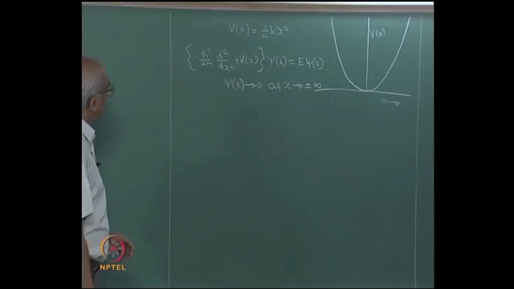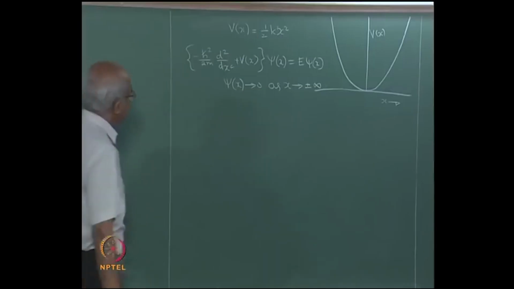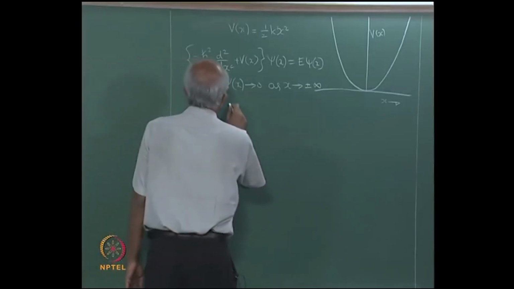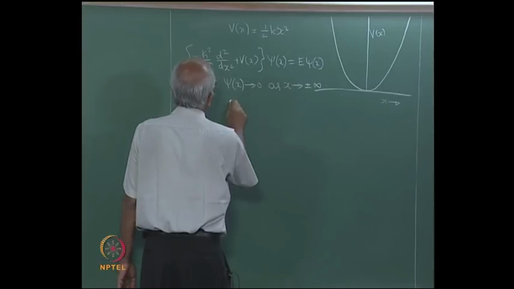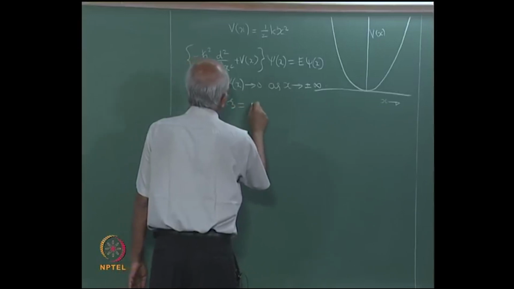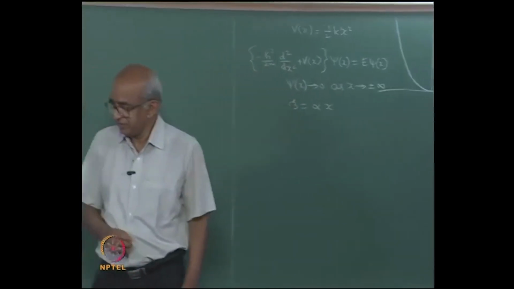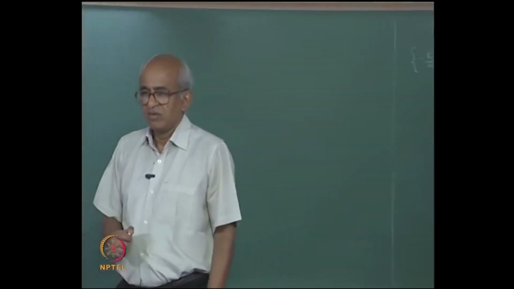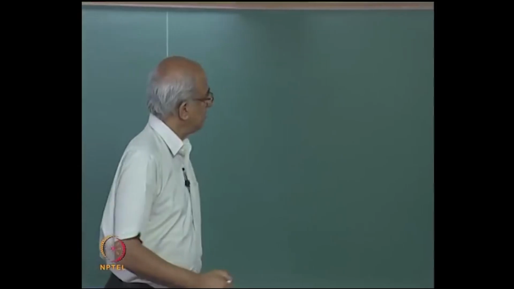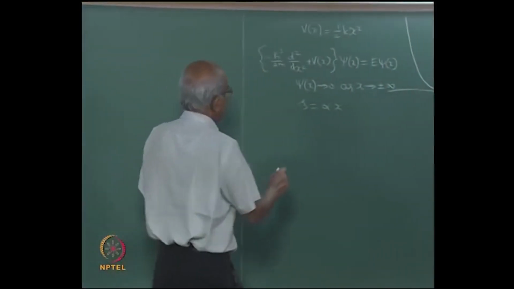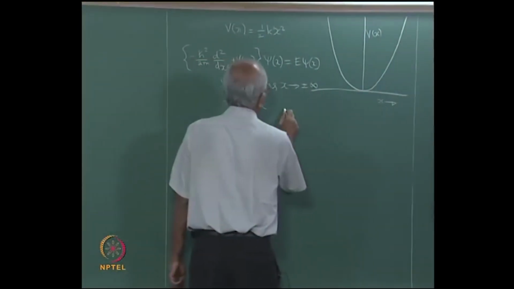And the first thing that we did was we made a change of variable. We said that c is equal to alpha times x. We determined the value of alpha. Well, I will write it from my memory, but I hope you can verify this.